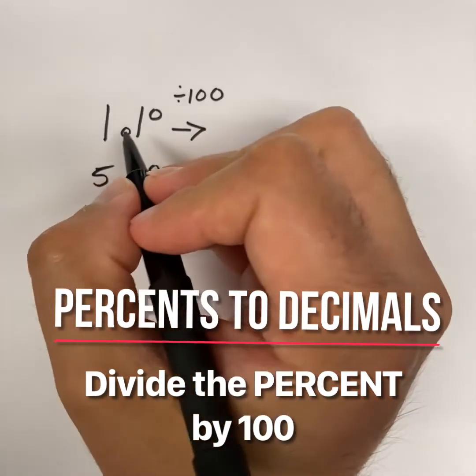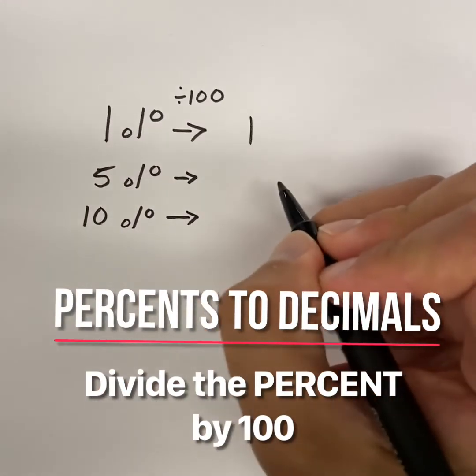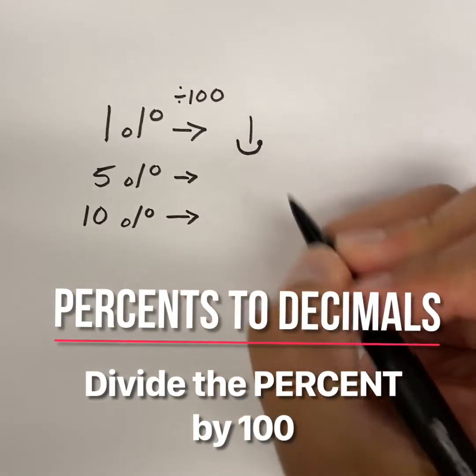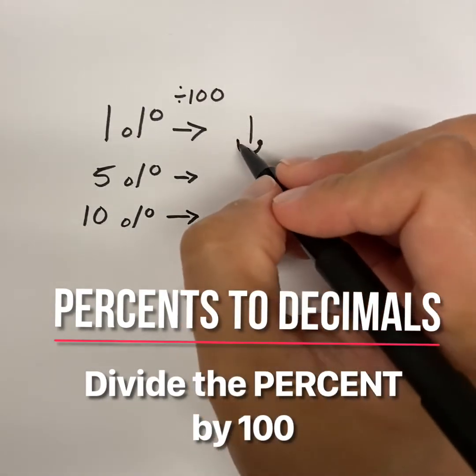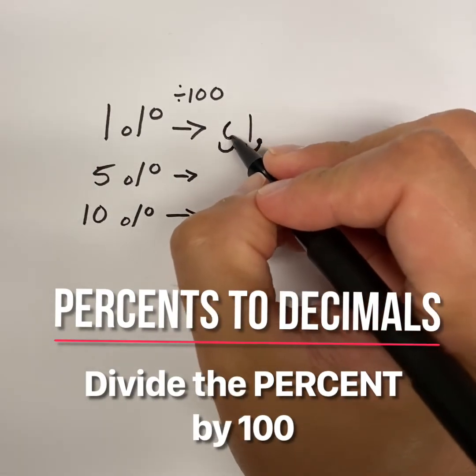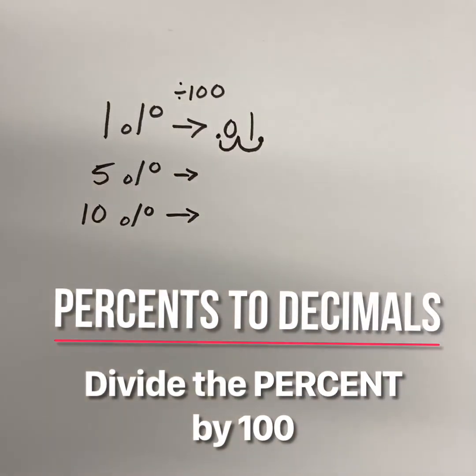Well, if we imagine that we had a decimal point, here's my 1%. If I divide by 10, I would have 0.1. And if I divide by 100, I would move to the left twice, fill in my gaps there, and my decimal would be right there, which is 1/100th.